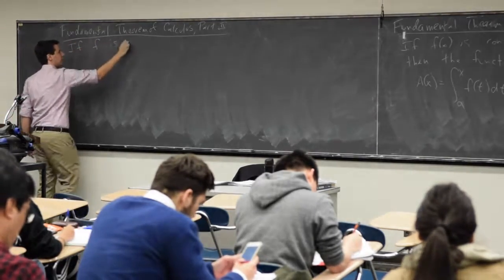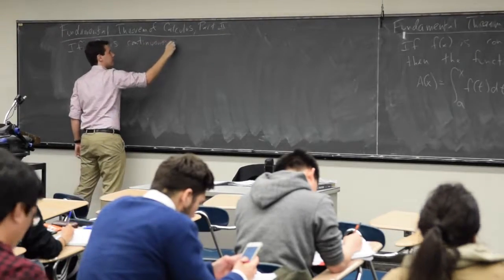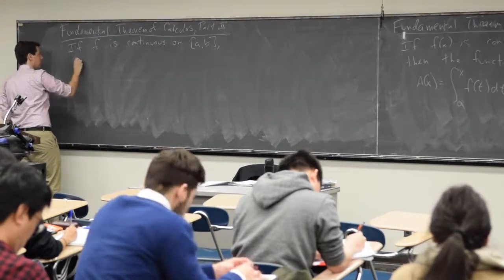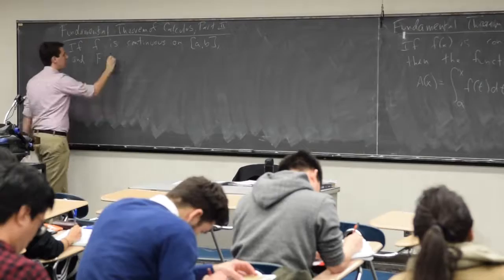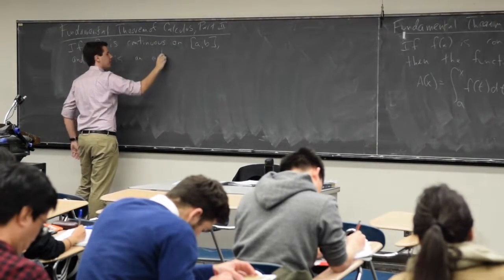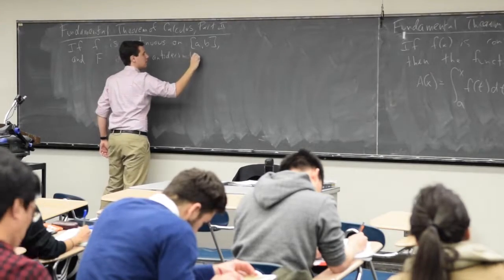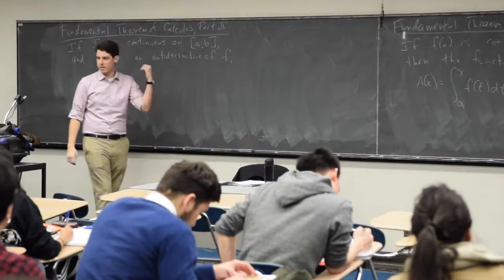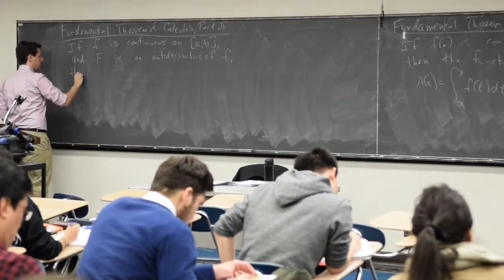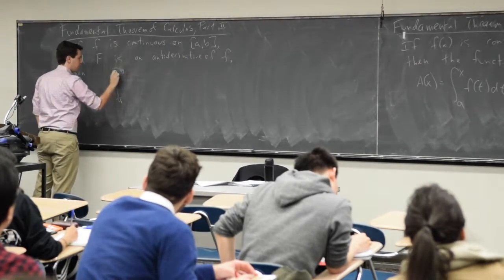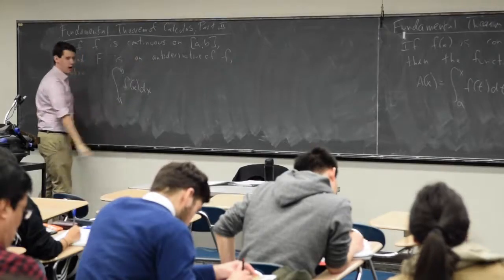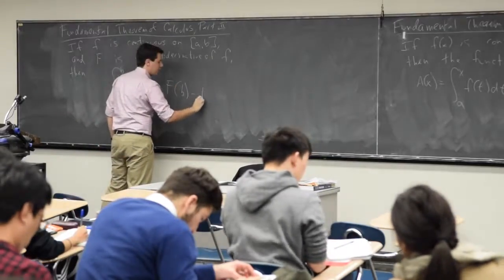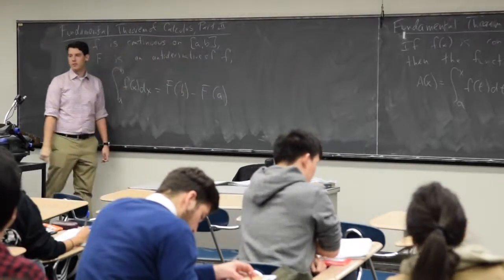So if f is continuous on the interval from a to b, and capital F is an antiderivative of little f, so in other words, capital F prime equals little f, then the definite integral from a to b of little f dx equals capital F of b minus capital F of a.